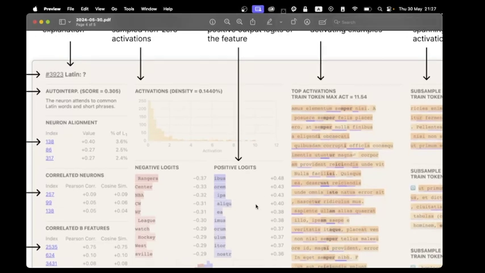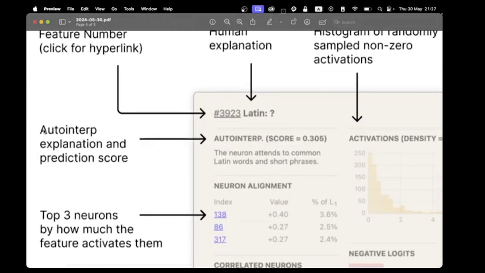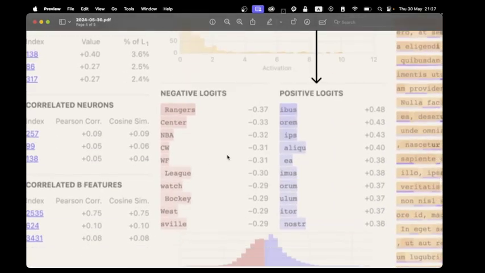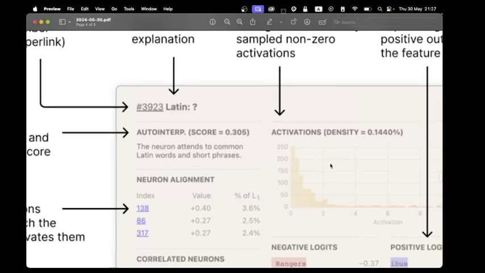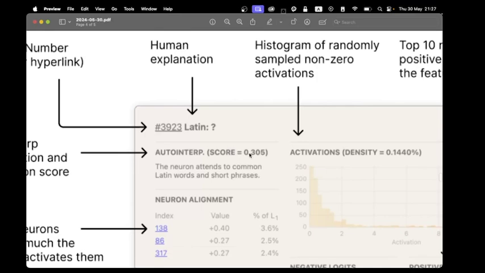And you can see the auto interp explanation here. Actually, when I first saw this picture, I was expecting something more impressive, but auto interp is just Claude asked to explain what the hell that is. I think the design is literally just give it top negative tokens, top positive tokens, and explain and score confidence.